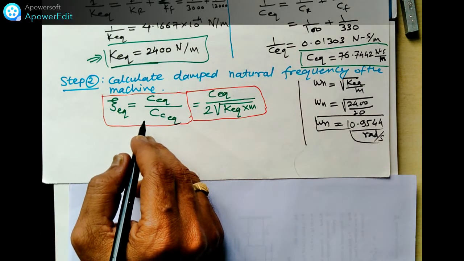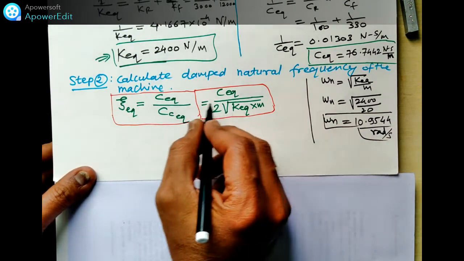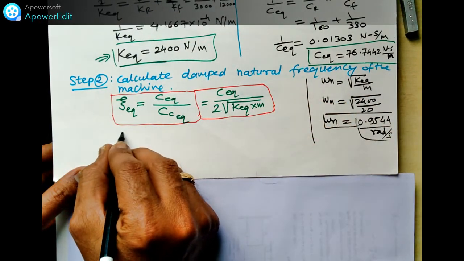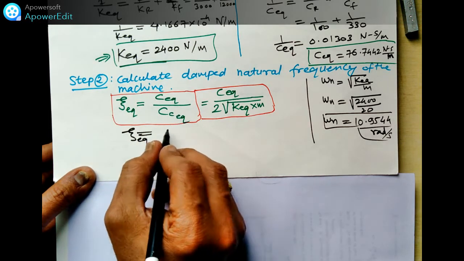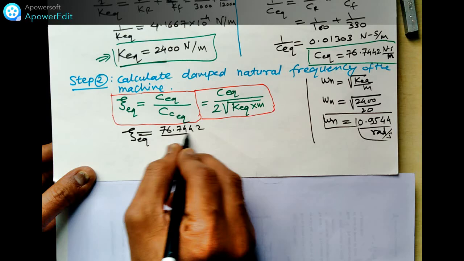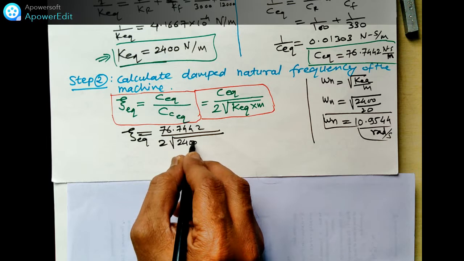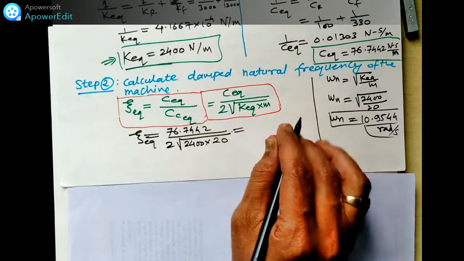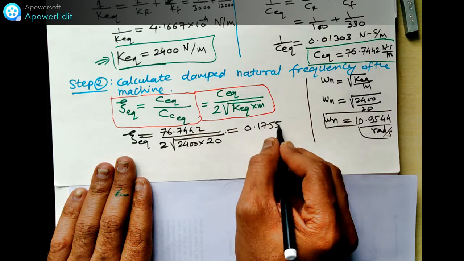Why is it required to calculate this? Because we find the damped frequency. To find the damped frequency, we put the values of C equivalent and K equivalent to get zeta equivalent, which is 76.7442 upon 2 into under root of K equivalent 2400 into m 20.